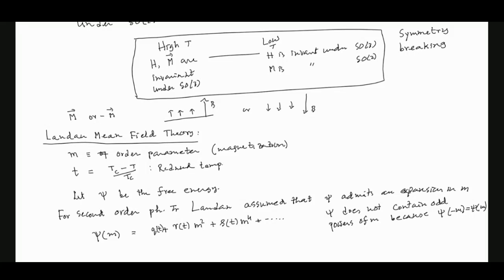All of them up, all of them down, the energy should not be different. So this is the requirement, and because of this requirement, the odd powers will not be there.